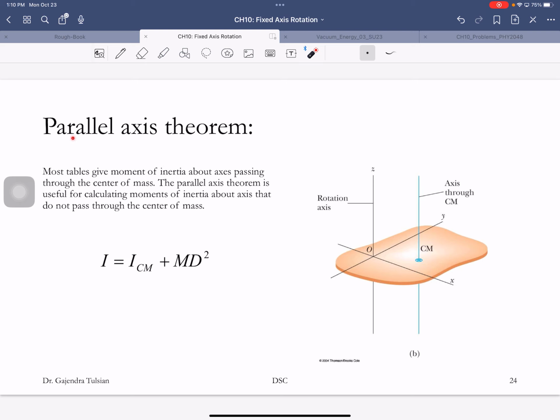Then you can use the parallel axis theorem. The moment of inertia about this axis is equal to the moment of inertia about this axis plus the mass of the object times this distance squared. And that's the parallel axis theorem. There's the mass of this object.